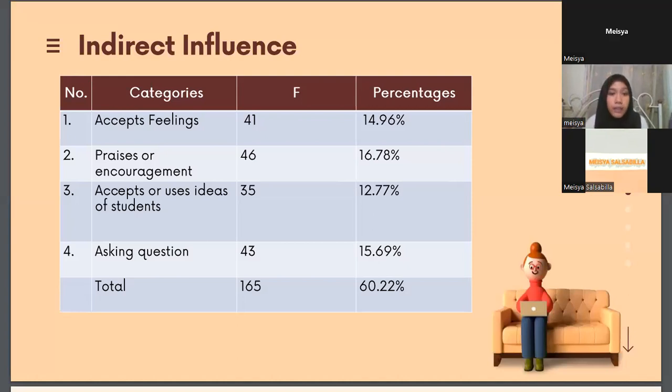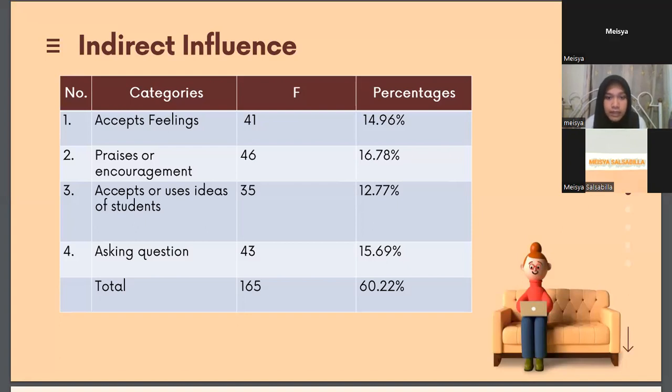Here from the data analysis and the result from the journal, you can see that in indirect influence, this is the categories, the frequency, and the percentages.